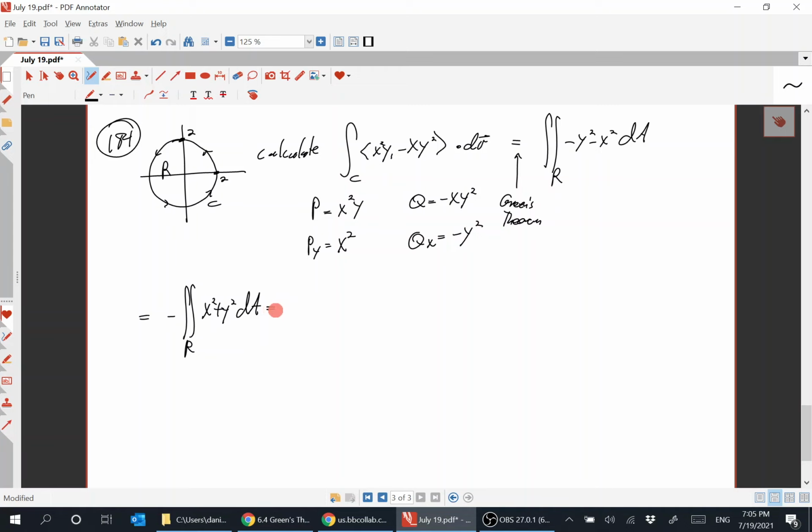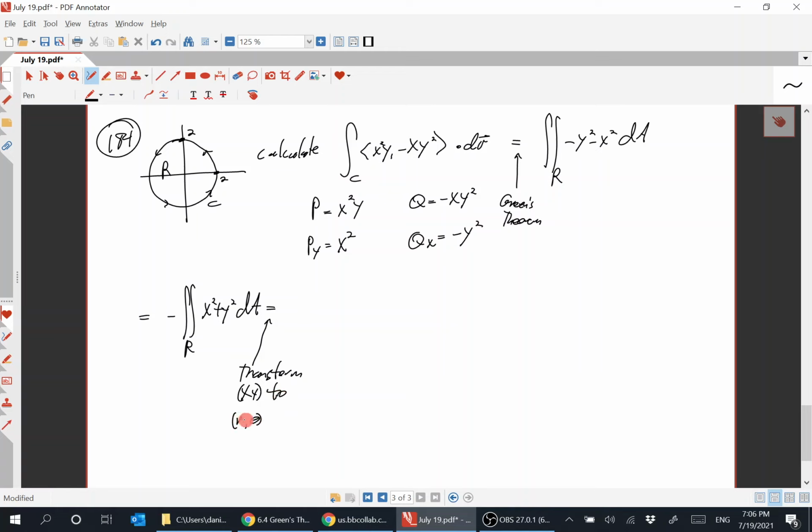So now that we've got the double integral from the application of Green's theorem, the question is how do you want to calculate it? Okay, so now let's transform xy to r theta, polar coordinates.